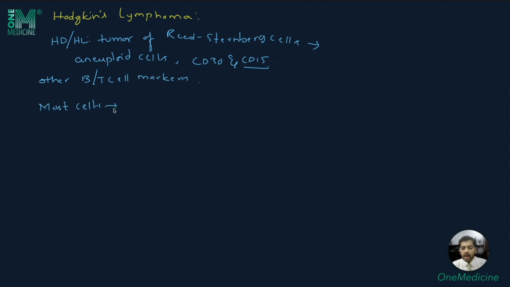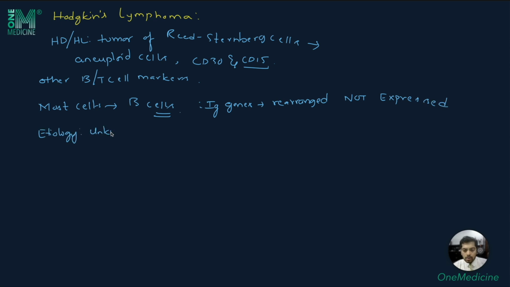Most of the cells are derived from B cells, where immunoglobulin genes are rearranged but not expressed. Etiology is unknown, but there is a 99-fold increase in twins, especially identical twins.